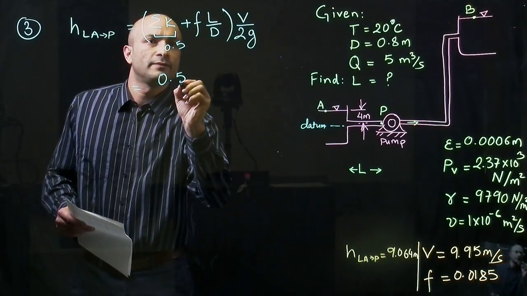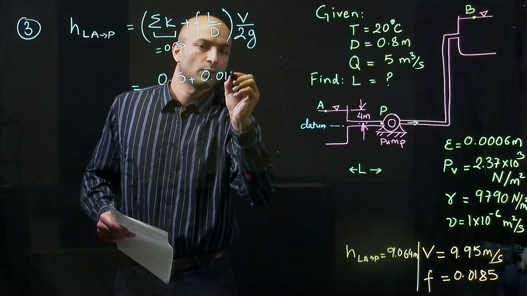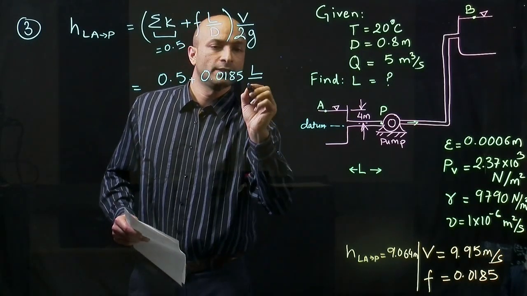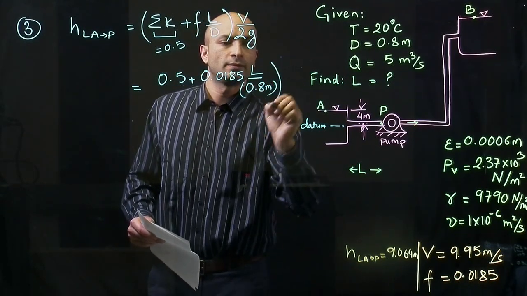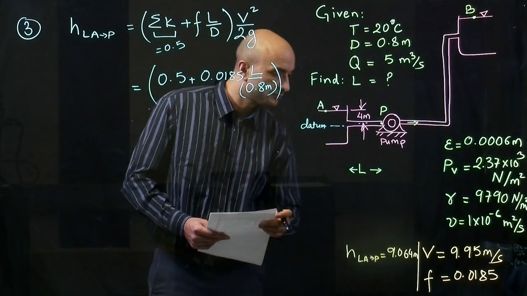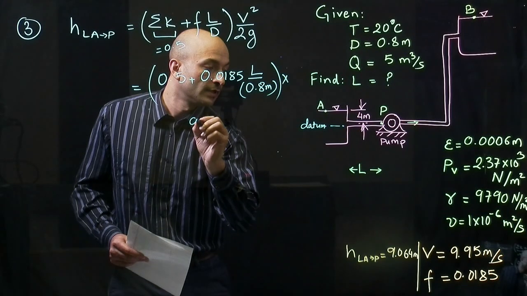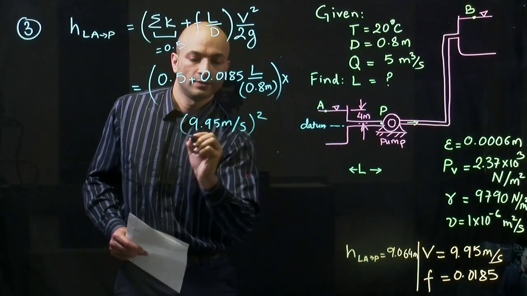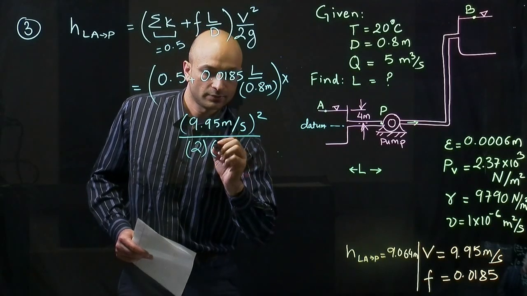So 0.5 plus F, which is 0.0185, times the unknown length L divided by the diameter 0.8, times velocity squared, 9.95 meter per second squared, over 2 times acceleration due to gravity.